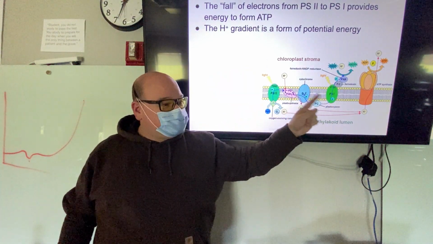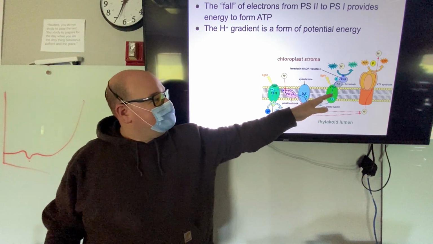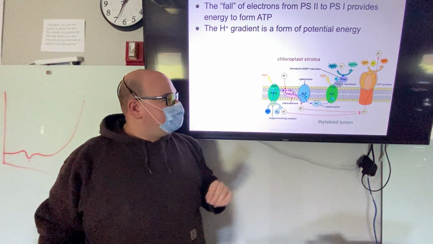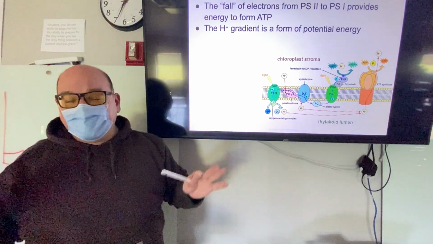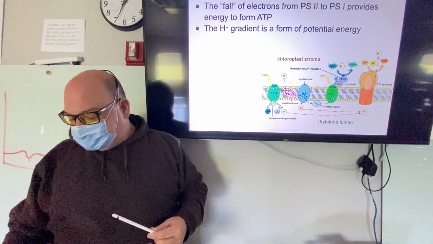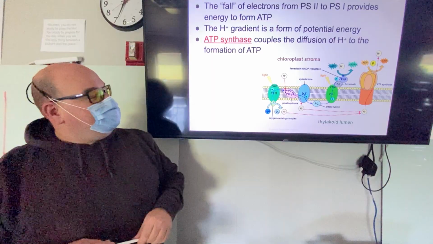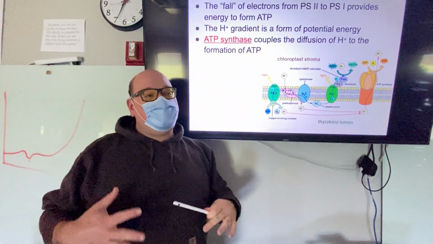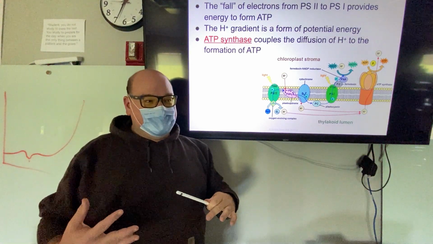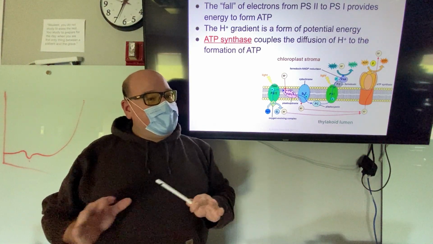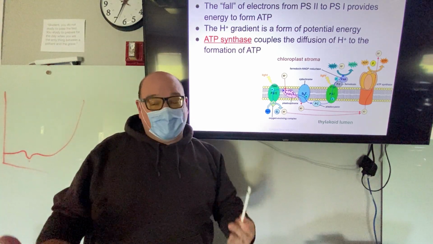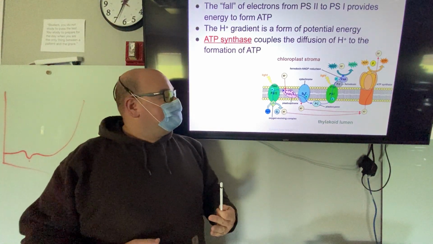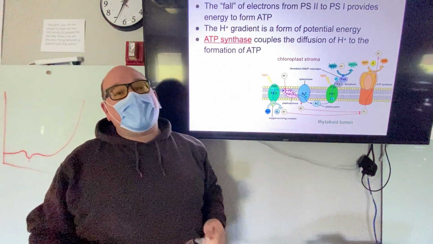It literally spins around like a merry-go-round, and it turns ADP into ATP. I know I'm repeating it, but that's because it's complex. And the name of that enzyme, it ends in ACE, is ATP synthase. Don't confuse it with ATPase. That's what breaks down ATP. So synthesize means to make.